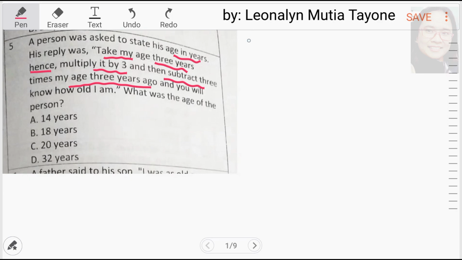Let A be the edad of this person. Take my age 3 years hence, meaning A plus 3. Next, multiply it by 3. Ito daw, i-multiply natin ng 3.